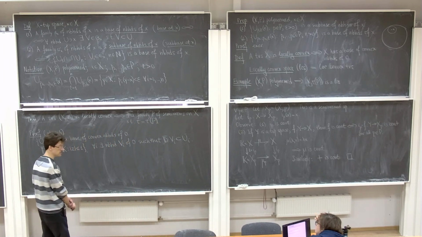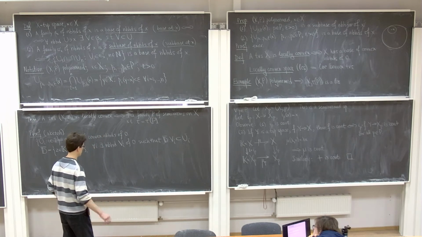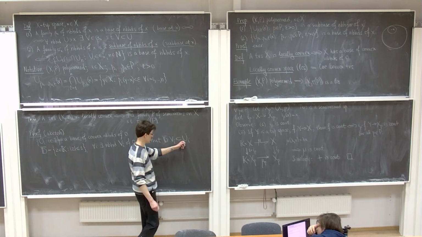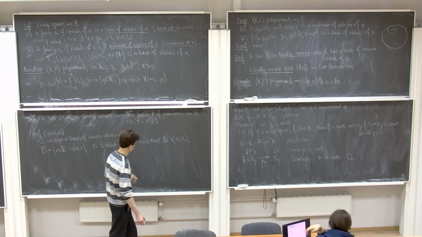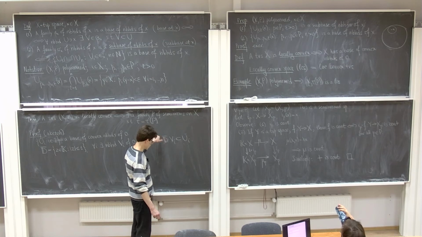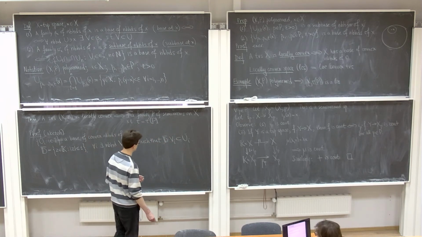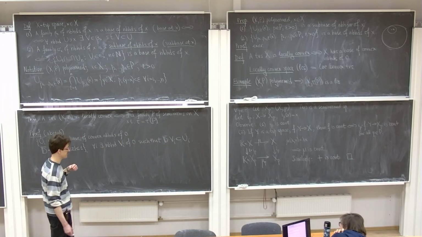This follows from the continuity of multiplication. So first we find a neighborhood of 0 in K and in X, such that the product is contained in Ui. And then we just dilate them in a suitable way. So we multiply a neighborhood of 0 on the complex plane in such a way that it is bigger or equal to the disk, and then divide the respective neighborhood in X by the same number, and we get the Vi.